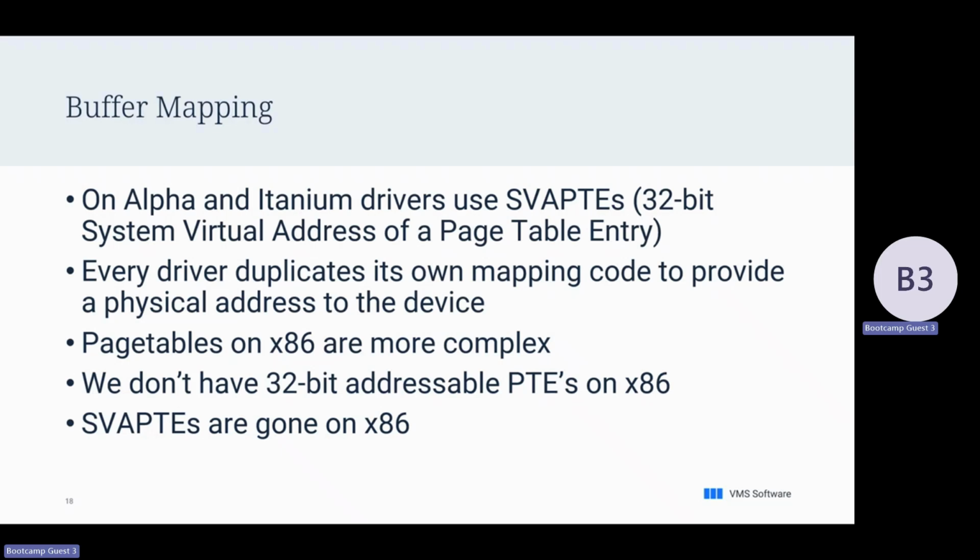Sometimes you have 4 levels of page tables, sometimes you have 5. Getting all these bits and pieces right is tricky. We also don't have 32-bit addressable PTEs, and all these structures only provide for 32-bit addresses. So SVAPTEs are gone on x86. Any code that uses them will break.